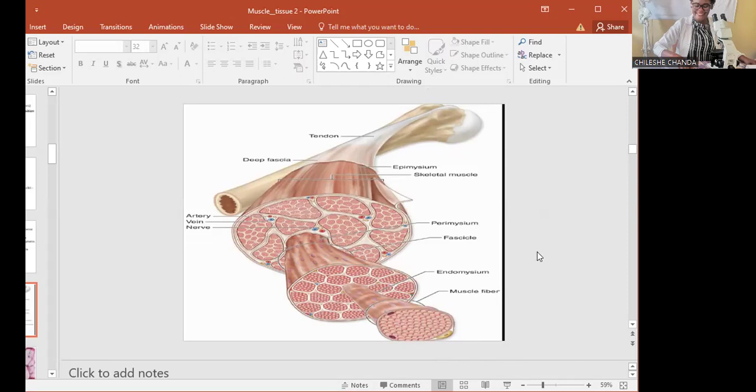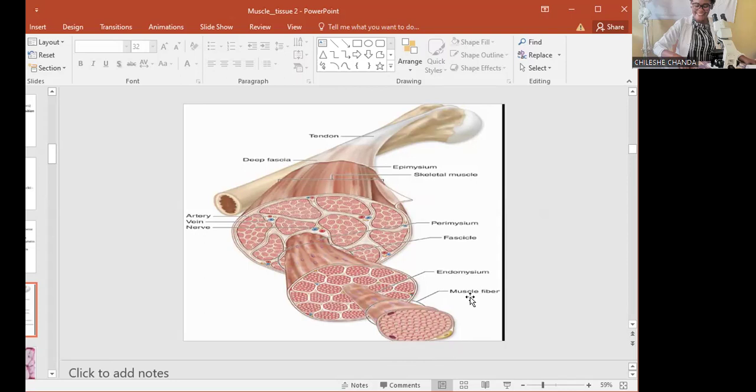Very nicely located, and they pack the muscle fiber completely, such that the cytoplasm is just around those microfilaments, and then we have nuclei which will be pushed towards the peripheries, and the arrangement is nicely done in muscle fiber.